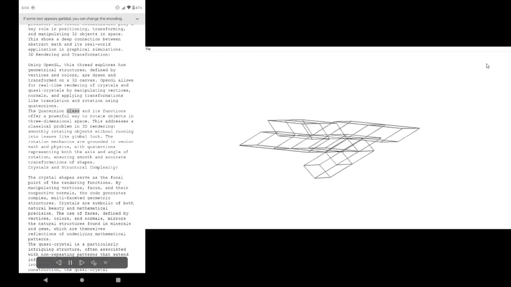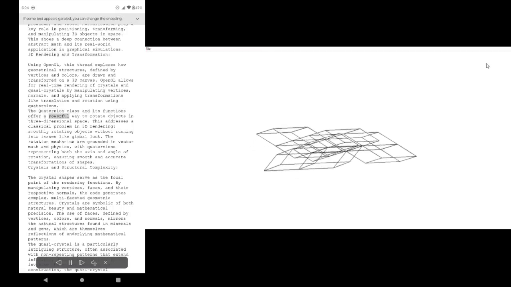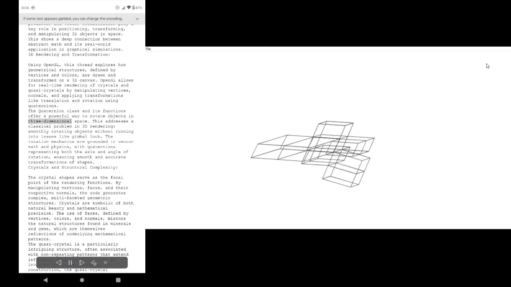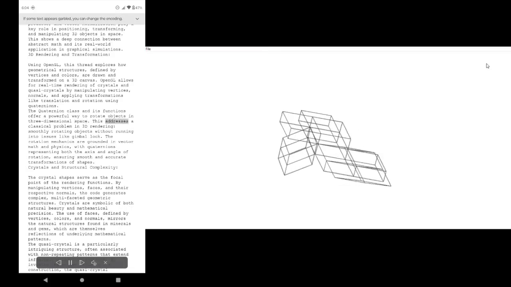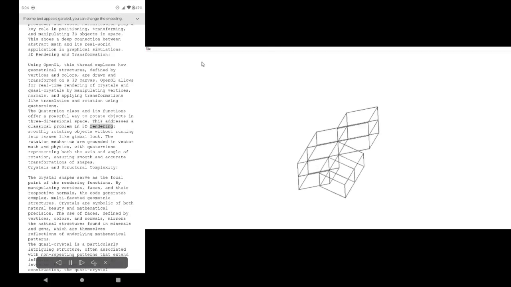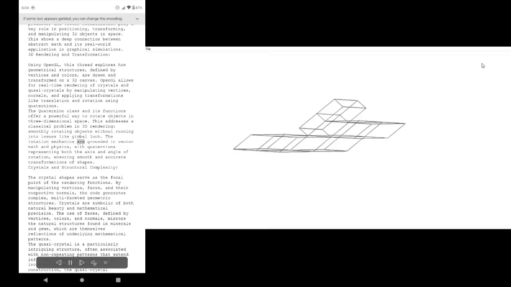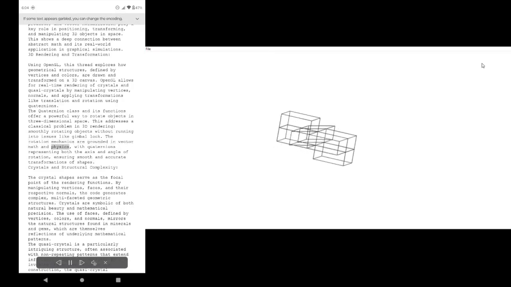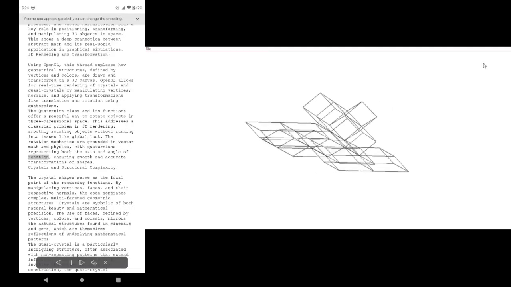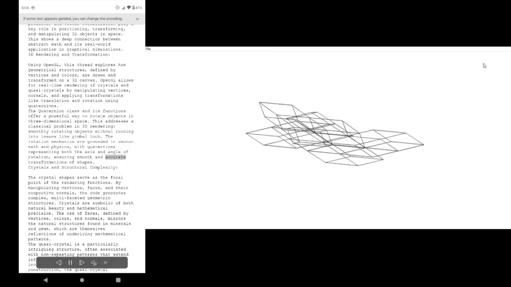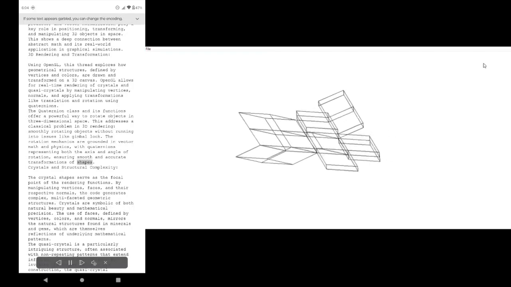The quaternion class and its functions offer a powerful way to rotate objects in three-dimensional space. This addresses a classical problem in 3D rendering, smoothly rotating objects without running into issues like gimbal lock. The rotation mechanics are grounded in vector math and physics, with quaternions representing both the axis and angle of rotation, ensuring smooth and accurate transformations of shapes.